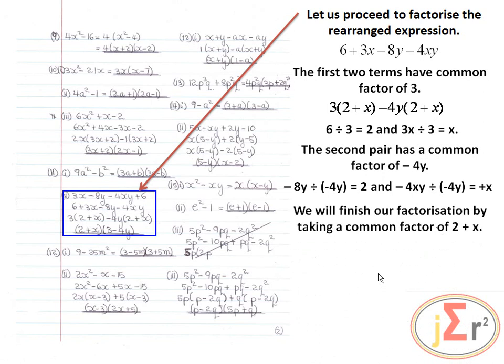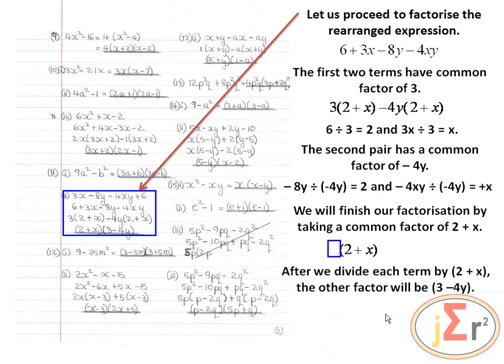We will finish our factorization by taking a common factor of 2 plus x. 2 plus x is our common factor, and what do we know? 3 minus 4y will go into the other pair of brackets, like that.